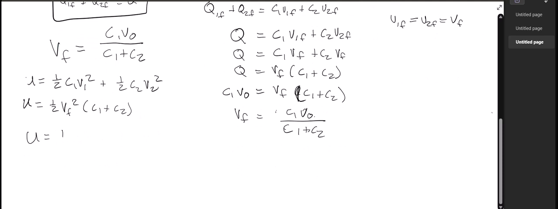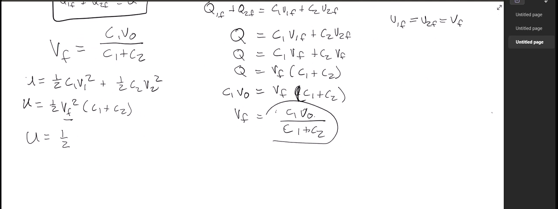Or our final energy is 1/2 times C1 V naught over C1 plus C2, squared, times C1 plus C2.